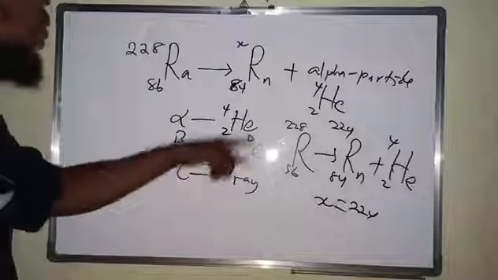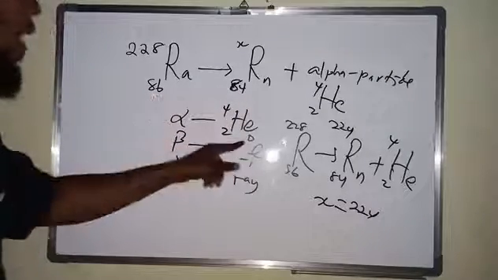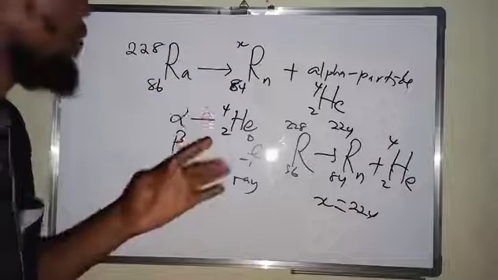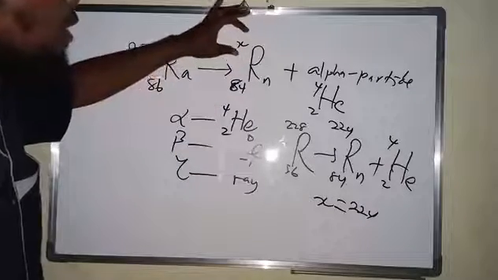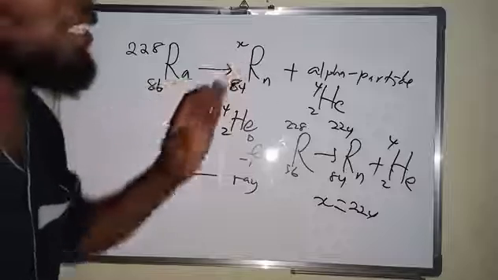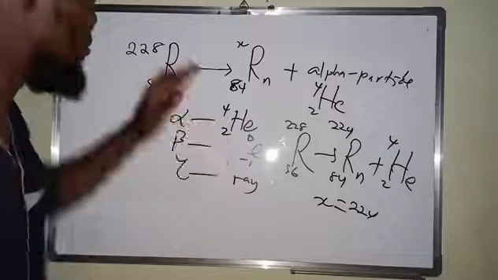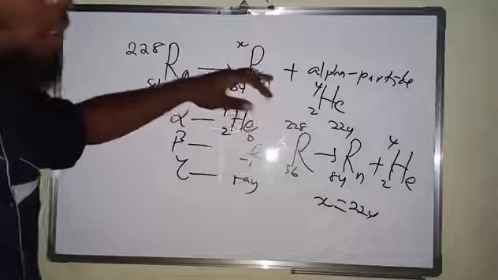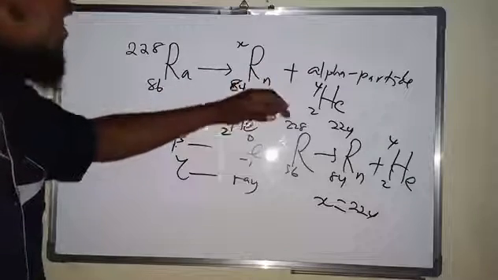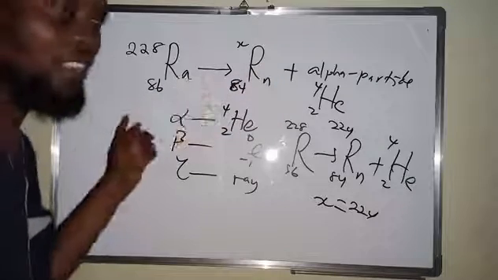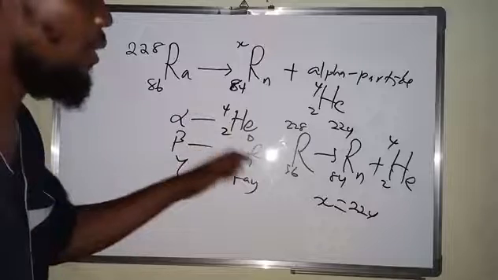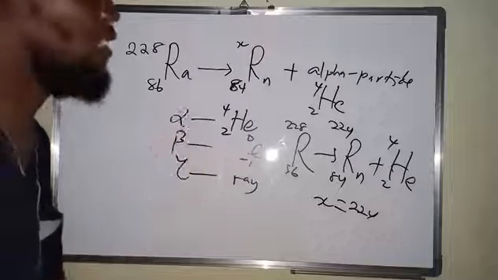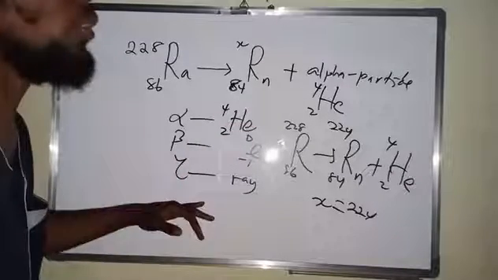That 87 minus 1 would still give 86, and the mass number would have remained the same at 228. So in beta decay, the mass number of the daughter nucleus remains the same as that of the parent, while the proton number will be 1 more than the parent. If it is a gamma ray, it does not change anything. It's just a radiation, not a particle.